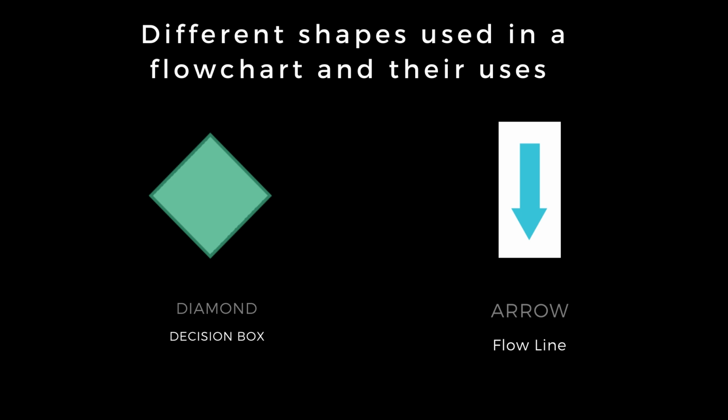The arrow is known as a flow line in a flowchart. So, what is the use of the arrow? It is used to connect all the different shapes in a flowchart, and it indicates the direction of the flowchart. All these symbols are connected using arrows. The arrows show the sequence of steps in a particular direction, how the steps are developing.